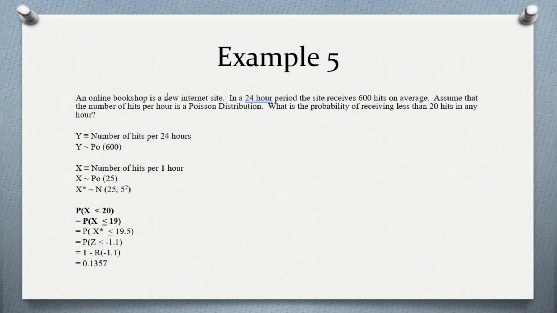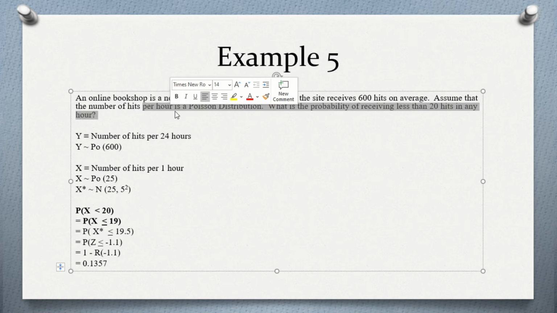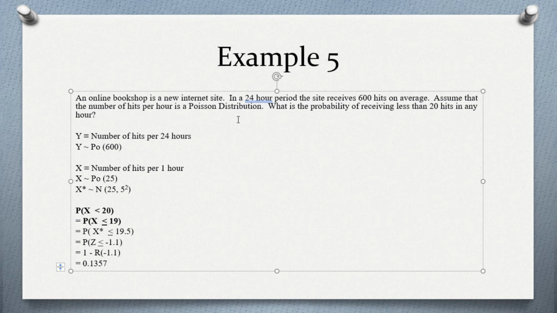Okay. Then you have example 5. An online bookshop is a new internet site. In a 24-hour period, the site receives 600 hits on average. Assume that the number of hits per hour. So we're looking for per hour. So this is from Poisson distribution, chapter 3. I don't think it's a problem. Number of hits per 24 hours is 600. Number of hits per hour will be 25. If you cross multiply or however you find it, that shouldn't be a problem.